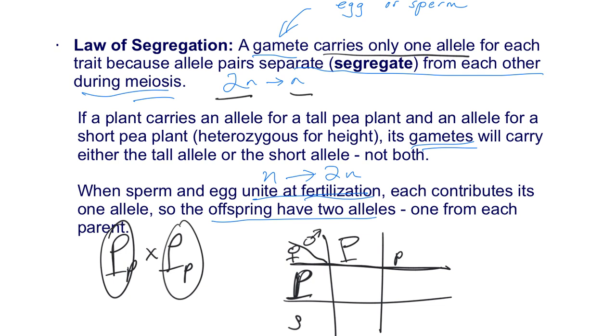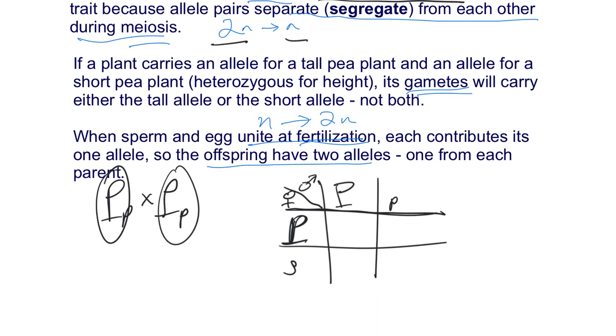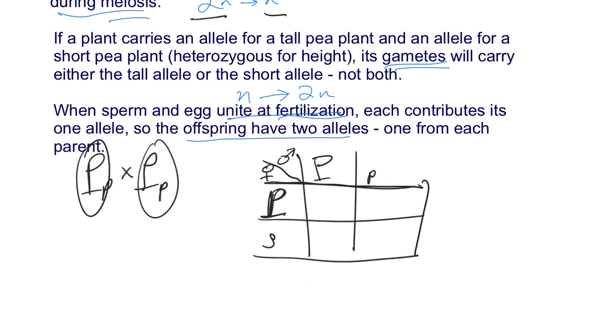You either have one or the other. You won't have both. But then the kids that form will be in these boxes down here in the Punnett square. That's due to fertilization. This dividing up of the alleles is due to meiosis.